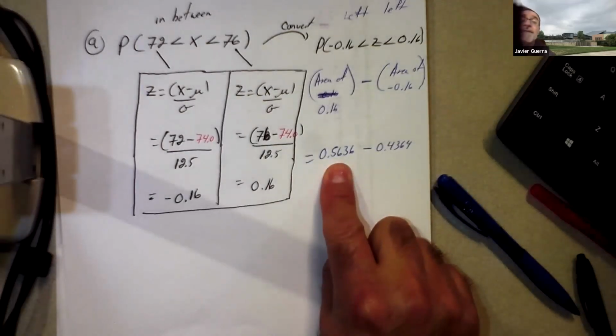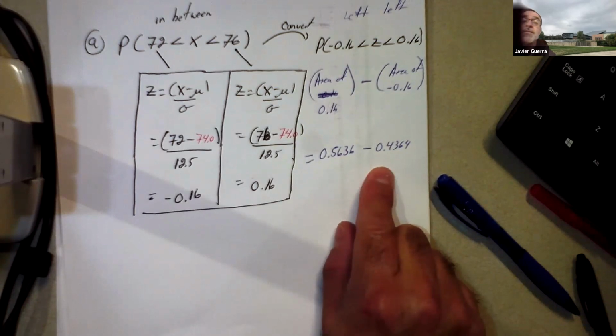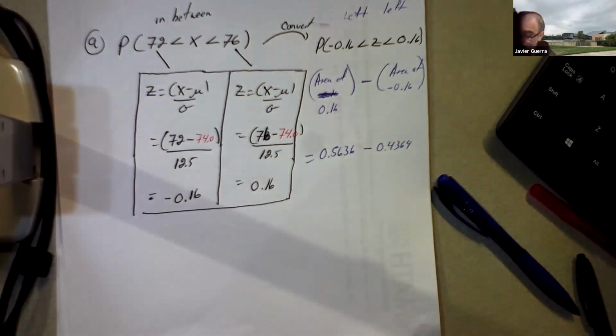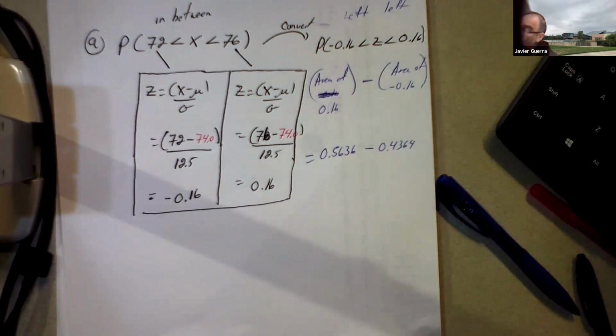And I'm gonna subtract it. 0.5636 minus 0.4364 is 0.1272.